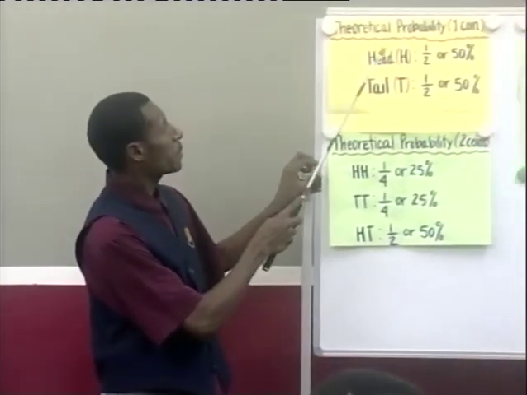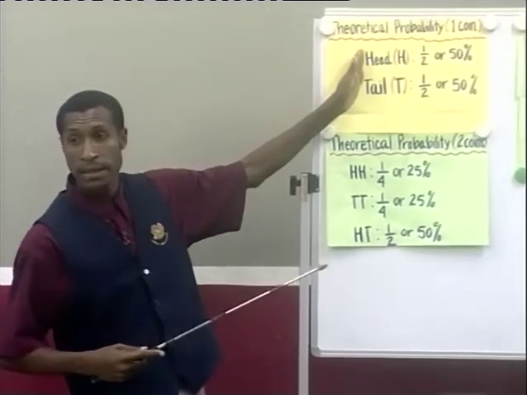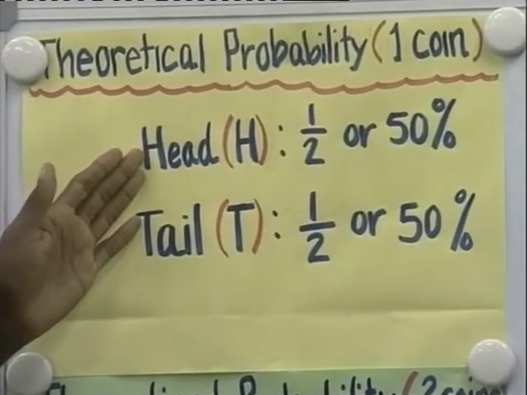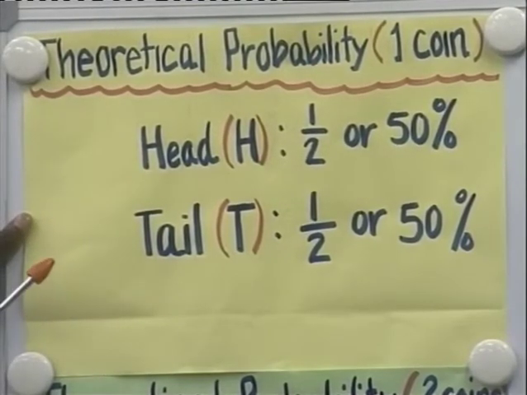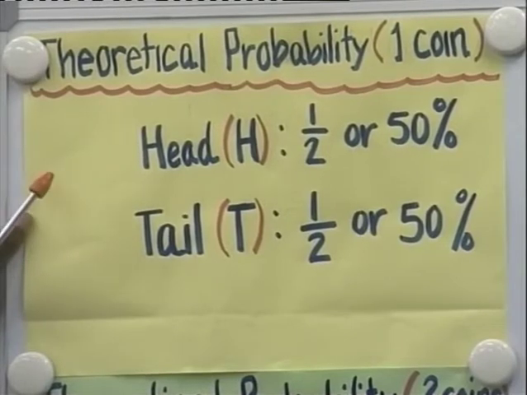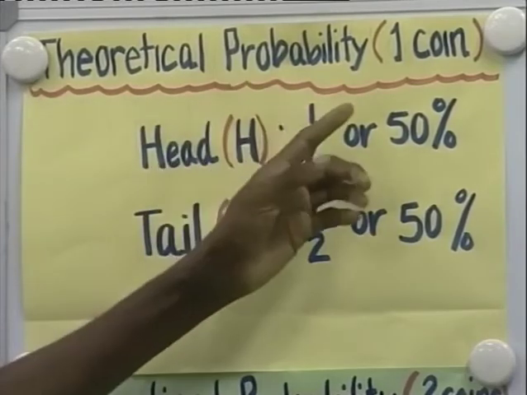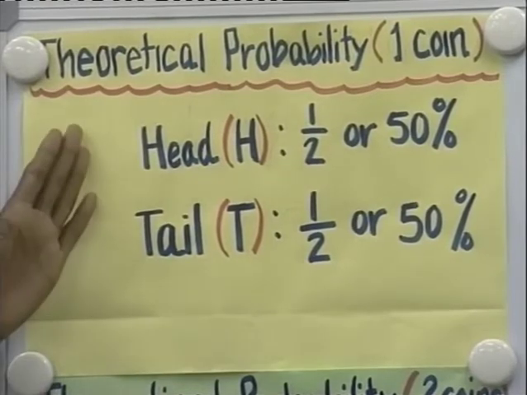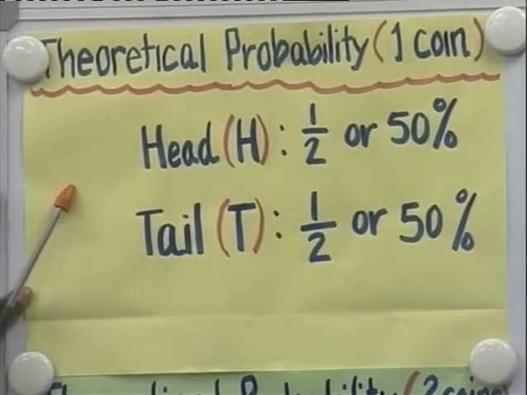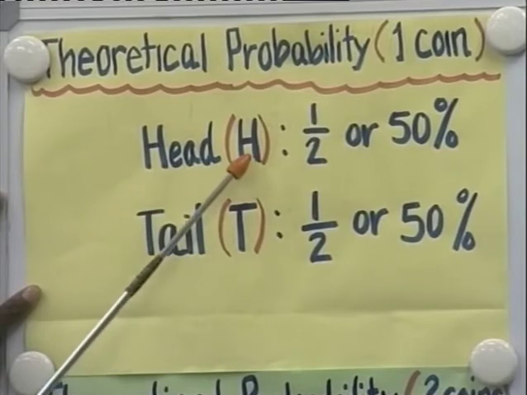Okay, theoretical probability simply means chances of an event happening, or chances of an event that has been agreed upon. So, in this example, what is the theoretical probability of one coin? When a coin is tossed, what is the theoretical probability? For one coin, the theoretical probability for head is half.